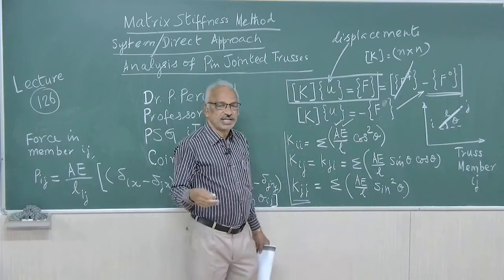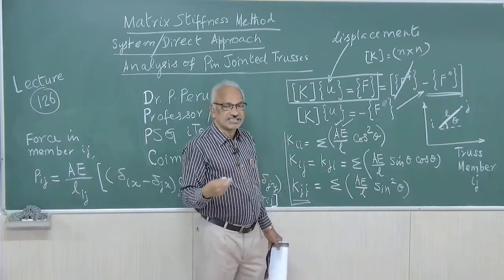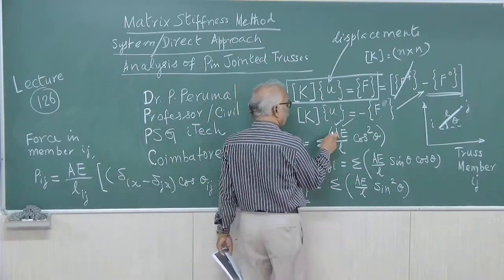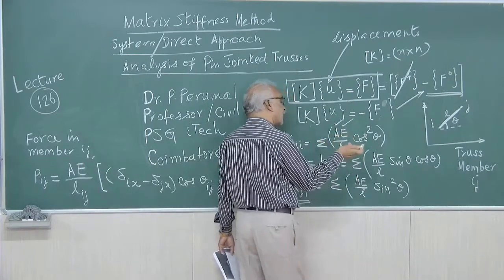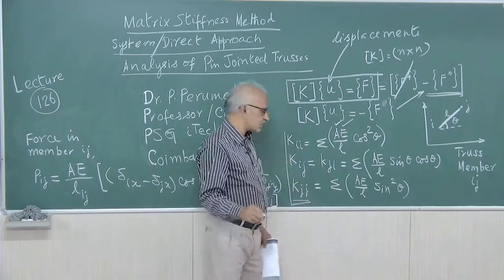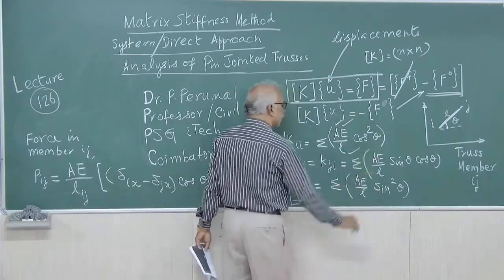If the area is uniform, we need not have a separate column. Then one column for L, the length of the member.